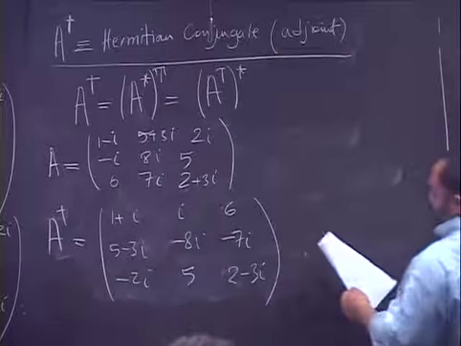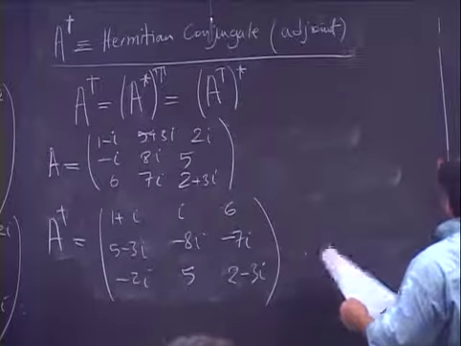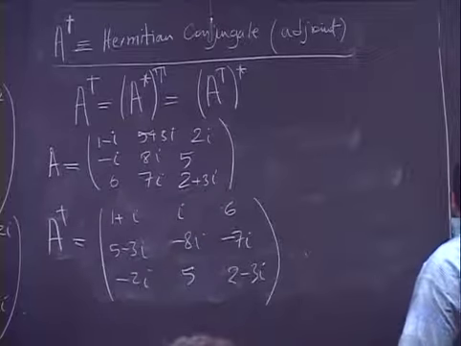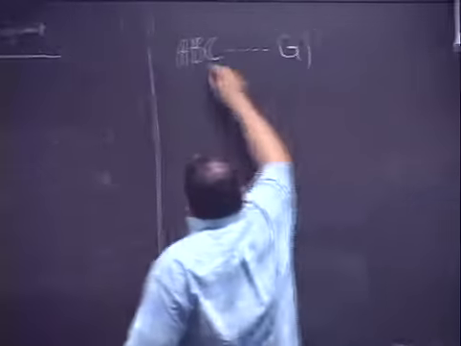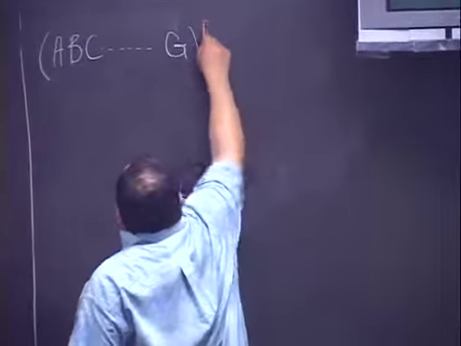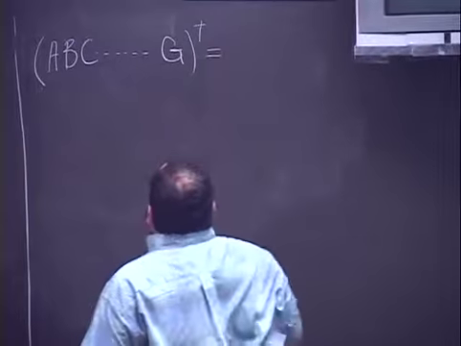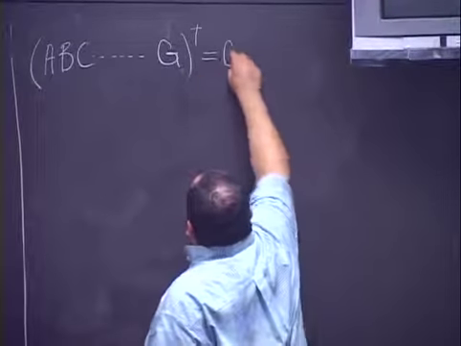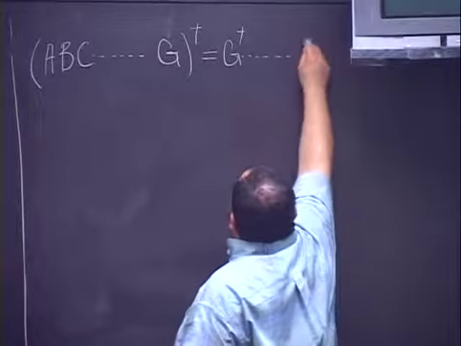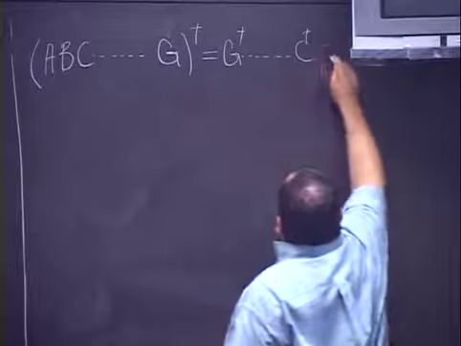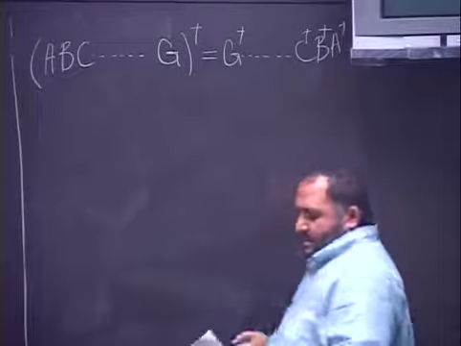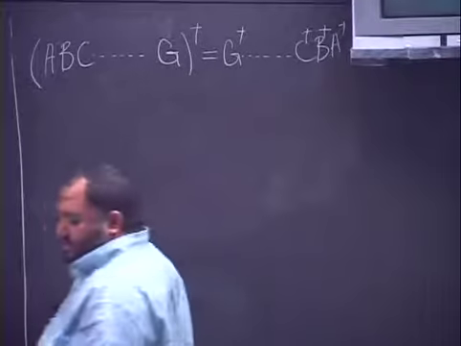If you have A, B, C up to G, and you take the Hermitian conjugate, the adjoint, it will give you the last one first, then the rest, C, B, then A. You can take this as an exercise and try to prove it.